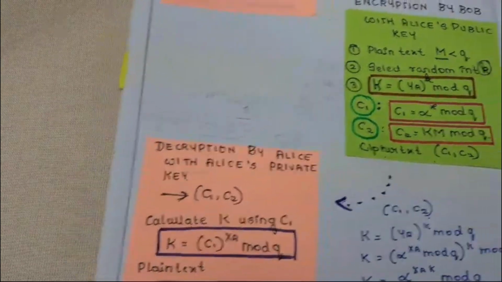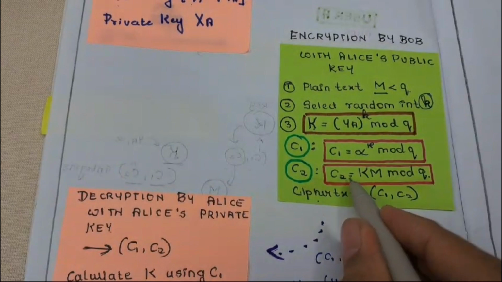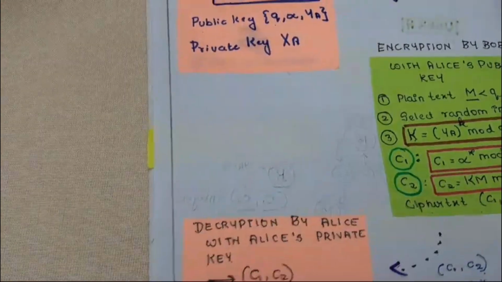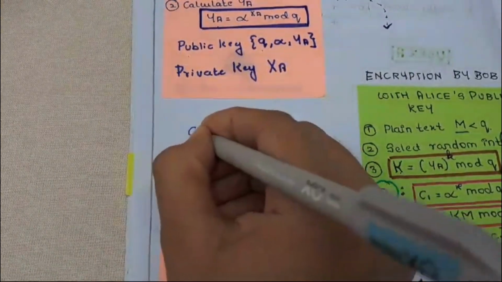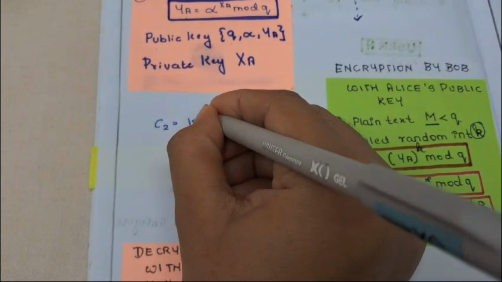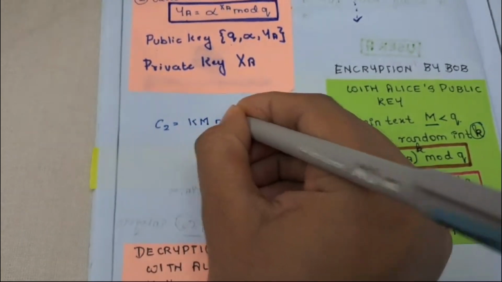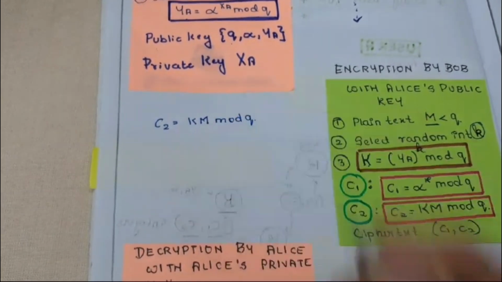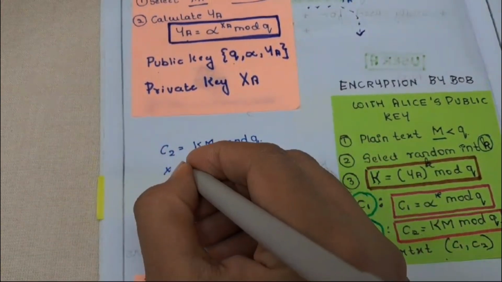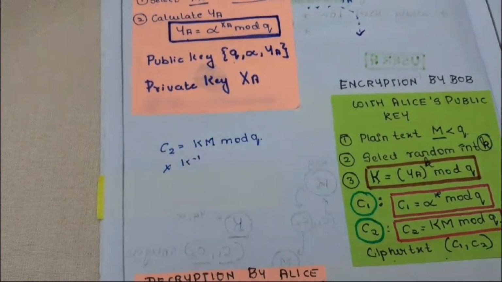And similarly, let us see the relationship between C2 and this formula. See, we have C2 which is equal to K M mod Q. So what we do is multiply both sides by K inverse.